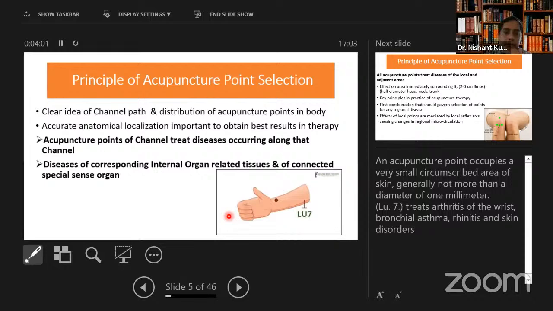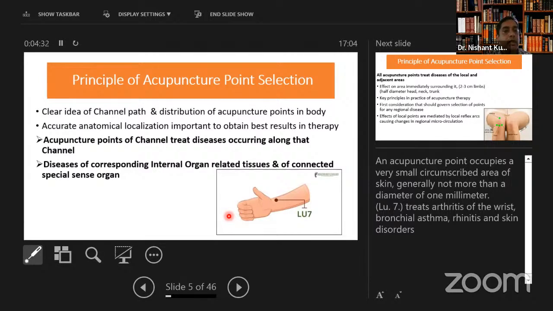Accurate anatomical localization is important to obtain the best result in therapy. If a point is two cun from some landmark and 0.5 cun deep, you have to place the needle at that depth and at that distance from the anatomical landmark. So you have to locate the point as accurately as possible, and you have to have a clear idea of which channel will come from here.